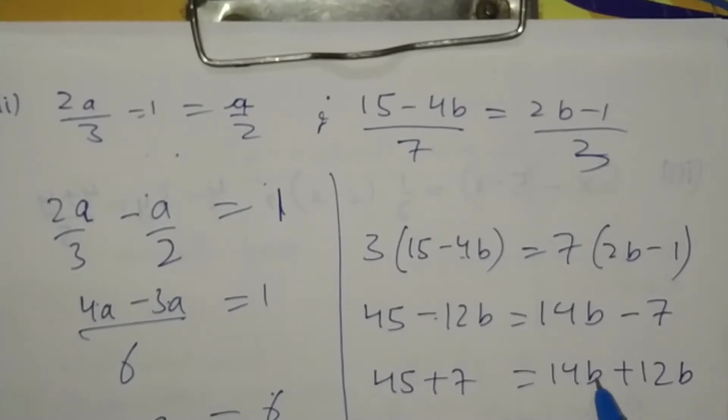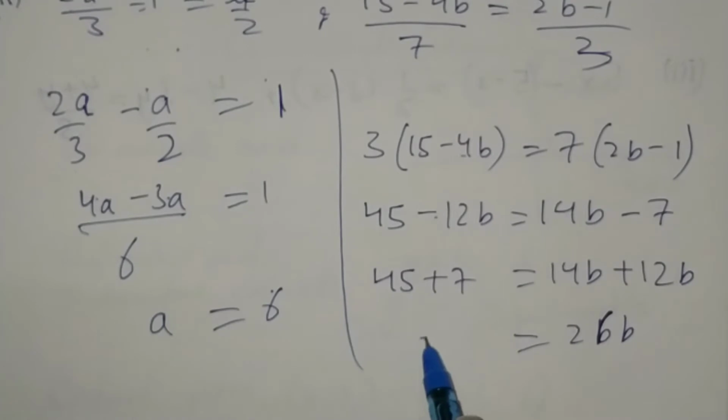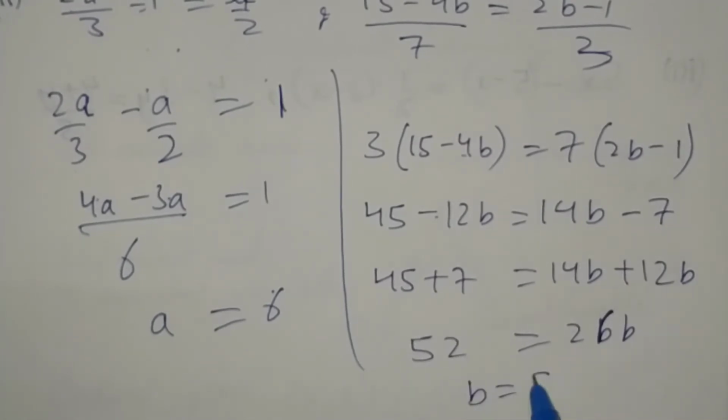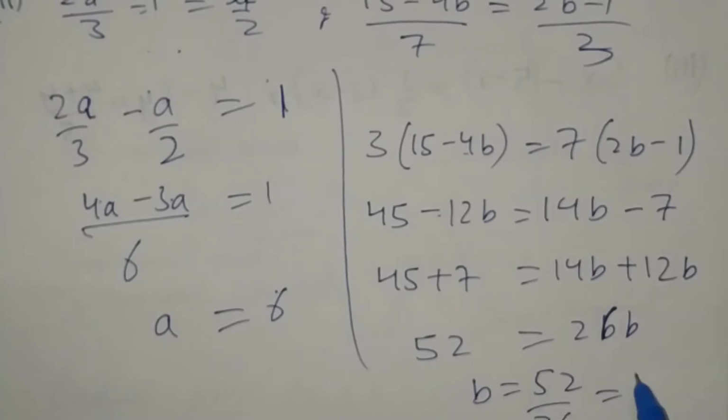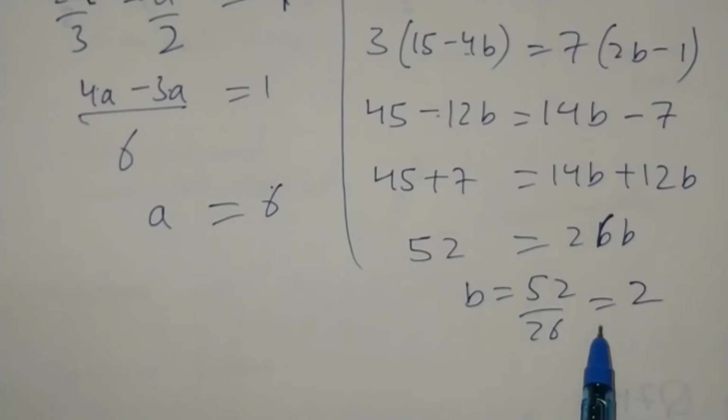So this will become 26b is equal to 52. From here b is equal to 52 upon 26, which is 2. We have calculated a and we have also calculated b.